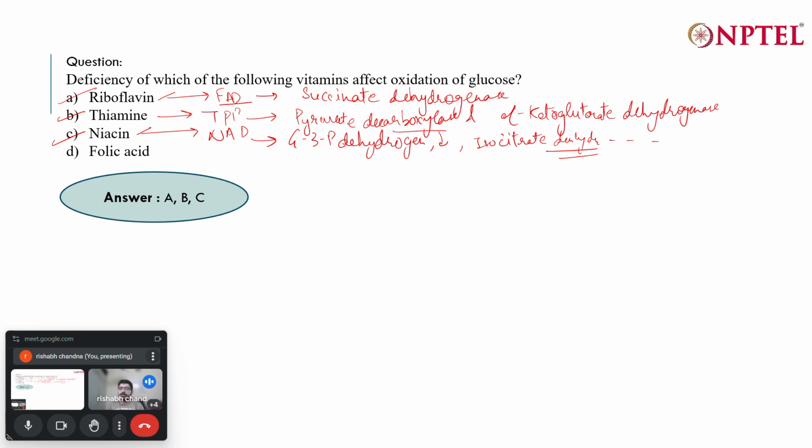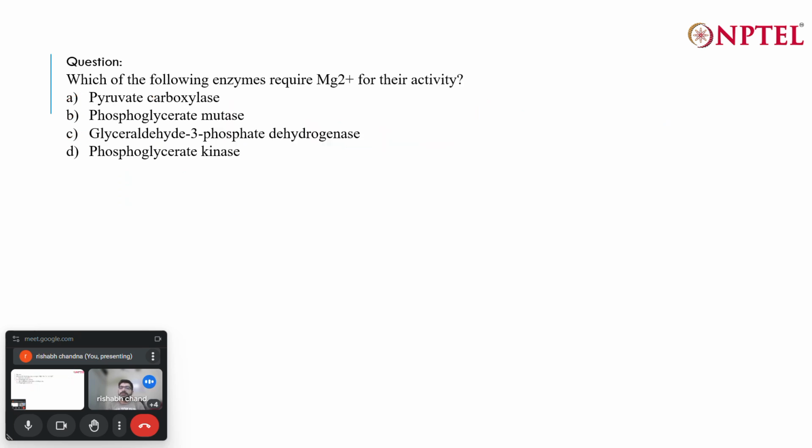Which of the following enzymes require Mg2+ for their activity? So, what can be the correct answer? Okay, any more answers?